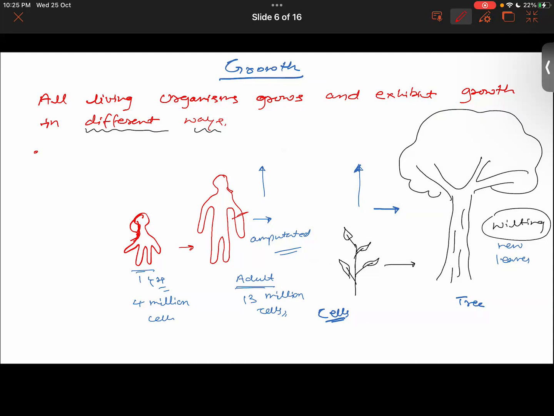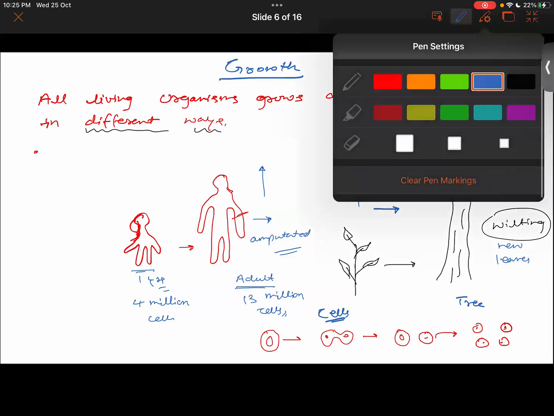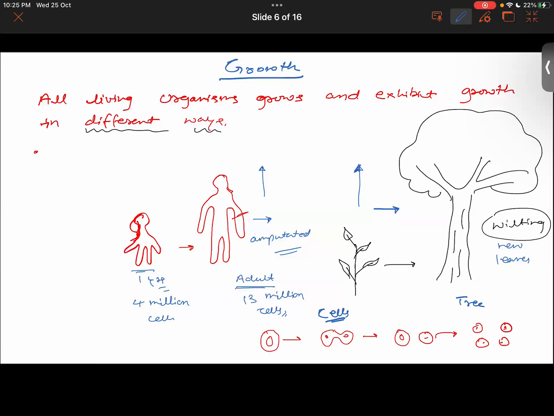So how did the number of cells increase? They basically started to divide. One cell divided into two cells, and these cells also further continue to divide. Getting it now? So whenever we talk about growth, there will be discussion regarding division of cells, right?